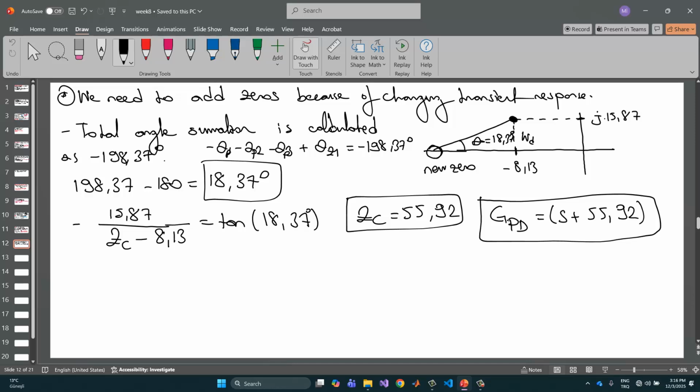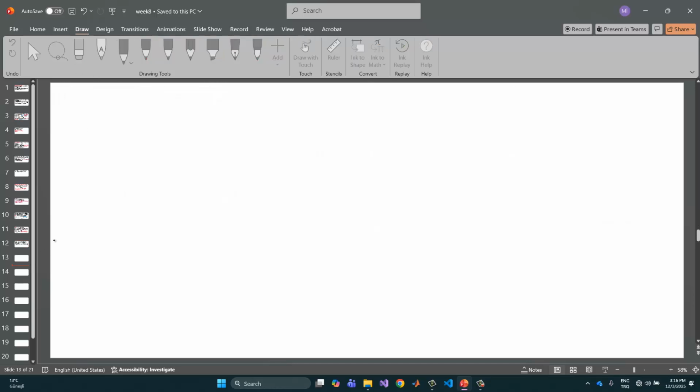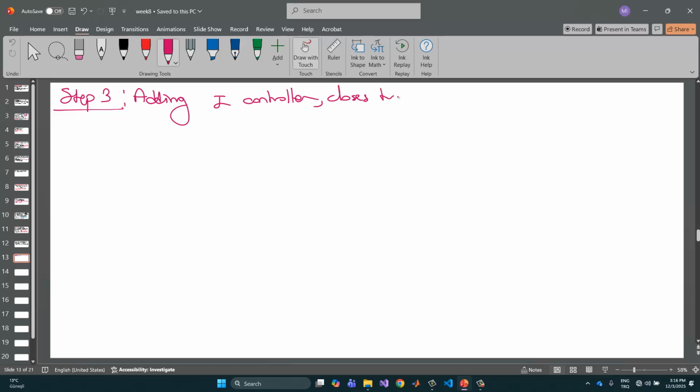Yes, and so in order to remove that, in the third step, just see step 3, we must add an I controller in here, closest to the origin, because we satisfy the whole transient response in here right now. Okay? And then how can we do that?